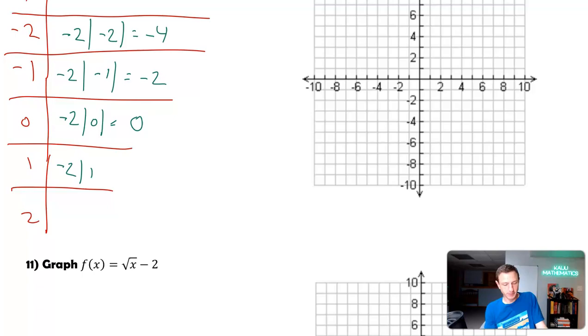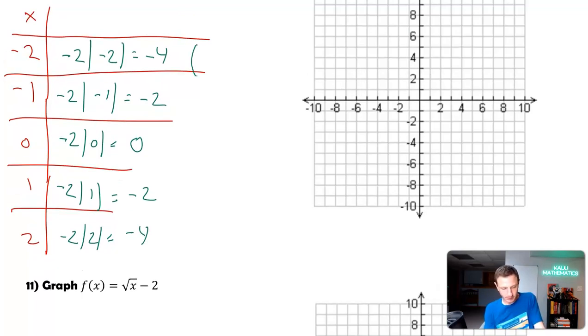Negative 2 times the absolute value of 1. Absolute value of 1 is 1. 1 times negative 2 is negative 2. And negative 2 times the absolute value of 2. Absolute value of 2 is 2. 2 times negative 2 is negative 4. So we get a couple ordered pairs here. Let's write these down. Negative 2, negative 4.